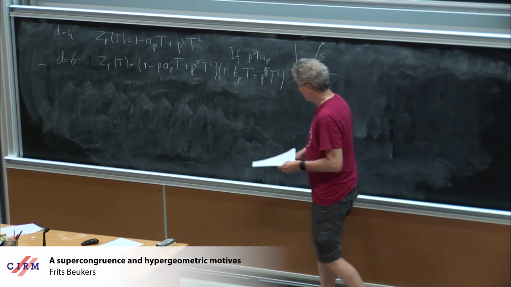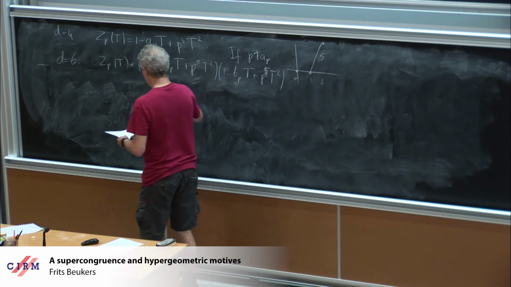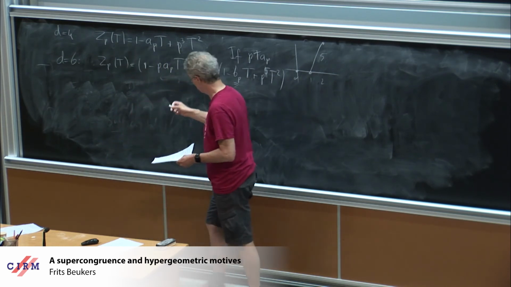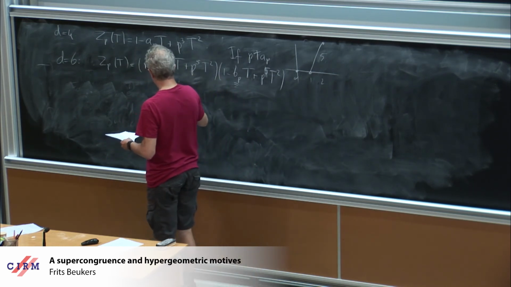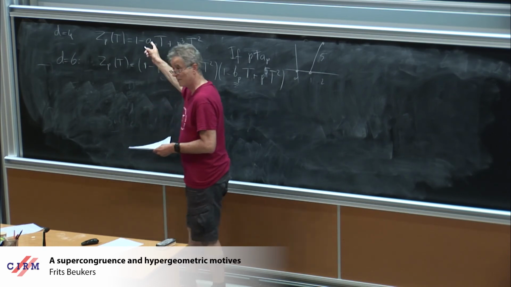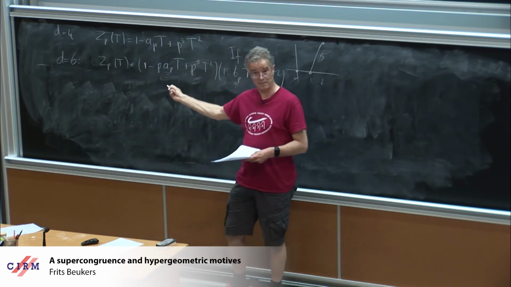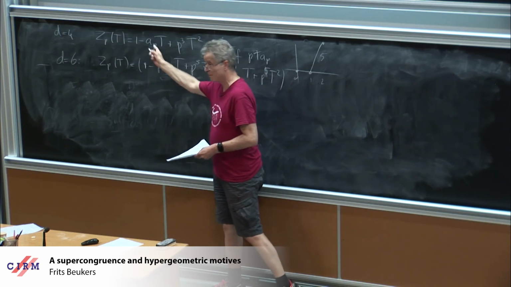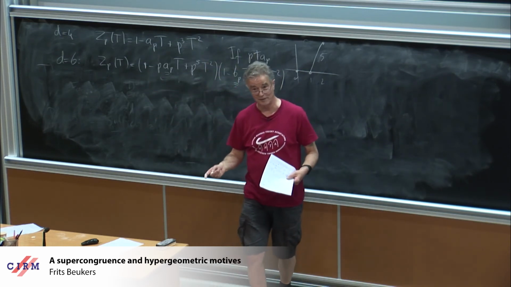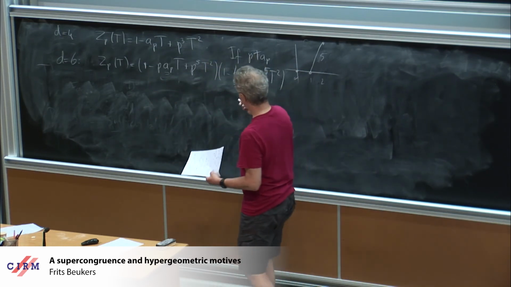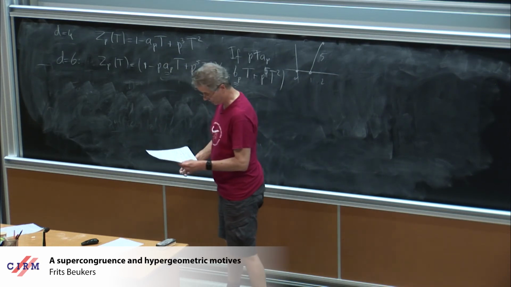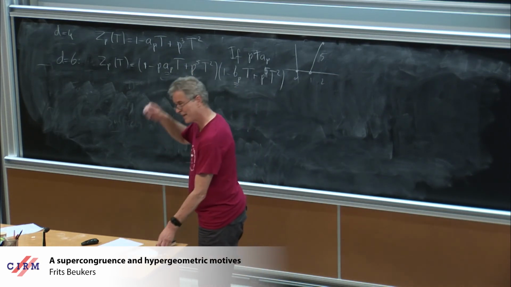And now there's another factor. So it turns out that this really factors into two factors. This factor has the a_p's, and it's no accident that I write the same coefficient here, because they turn out to be the same. It's again a coefficient of that particular modular form. And this is very strange.